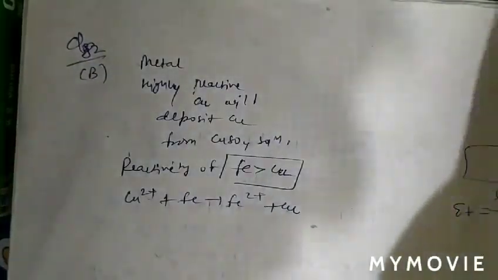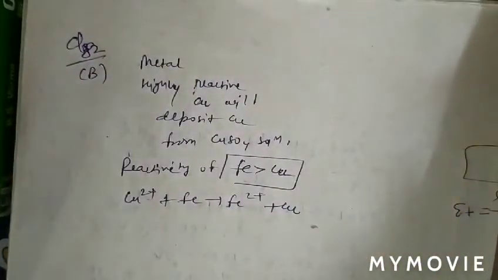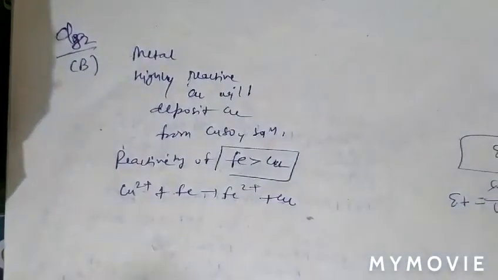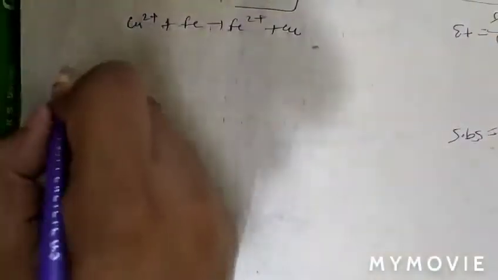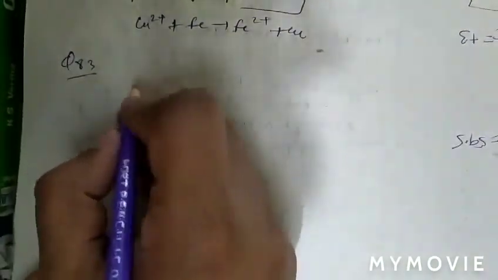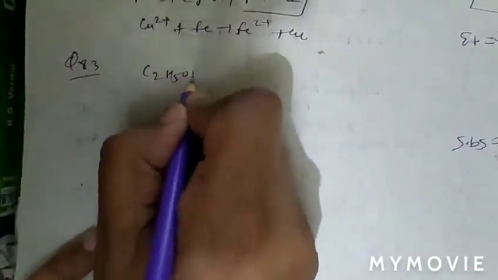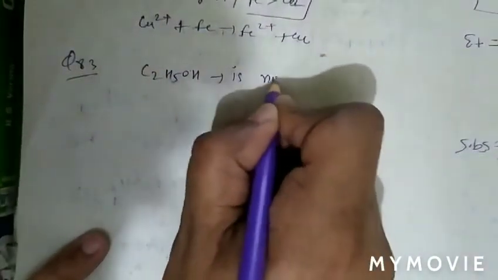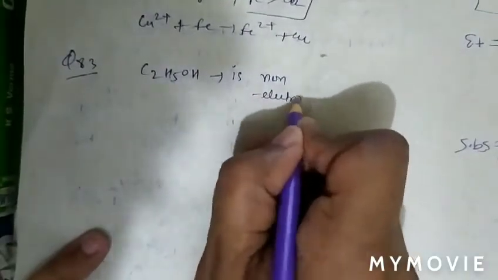See question number 83. In question number 83, what is given there? Which of the following is a poor conductor of electricity? As we know that C2H5OH is a non-electrolyte.